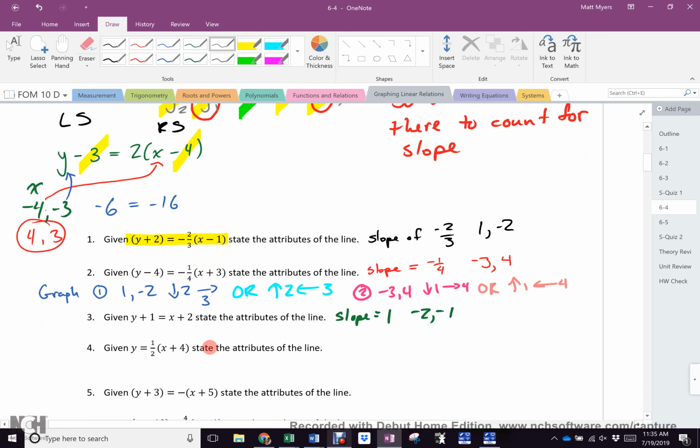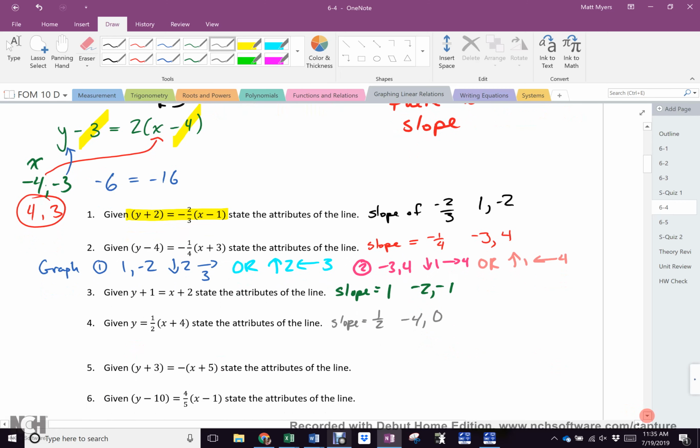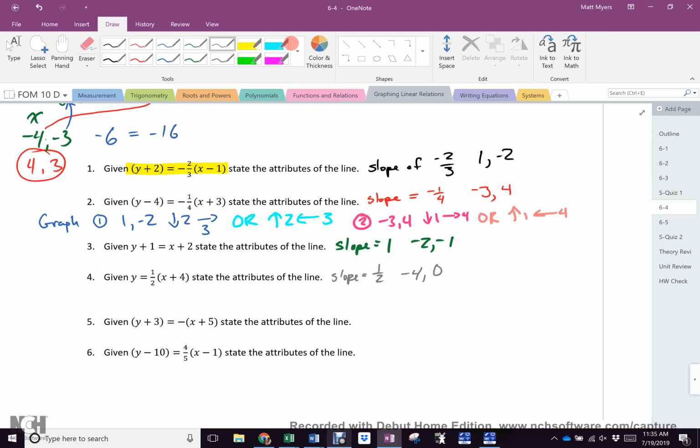What's this guy's slope? 1/2. And what's the starting point? Negative 4 and 0. Because if y is 0, right? Are we okay still? Could we graph these two? Okay. What about 5?